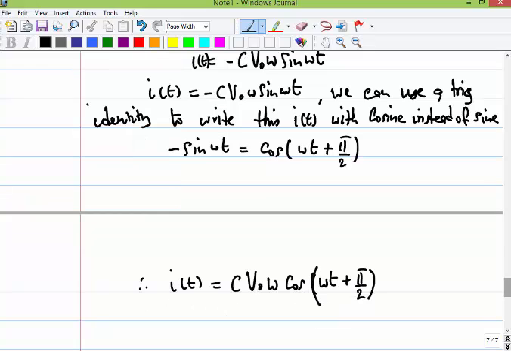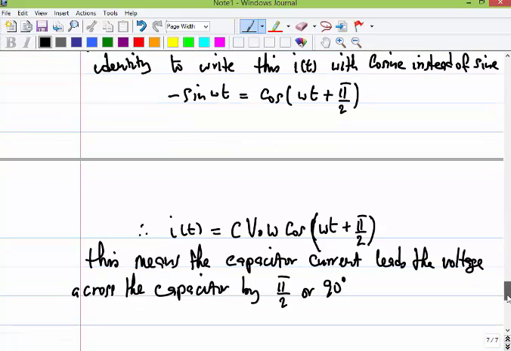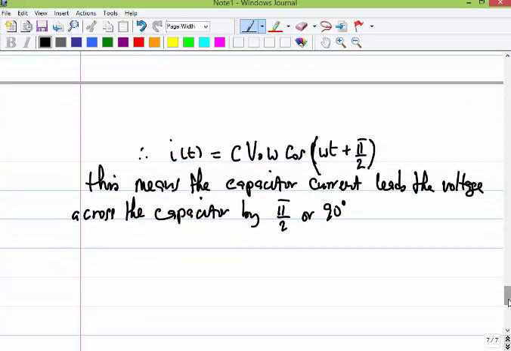What this can be interpreted to mean is that the current through the capacitor leads the voltage across the capacitor by a phase difference of 90 degrees, or pi over 2. What I've shown you here is that we know the voltage across the capacitor is the same as the EMF, so that will just be V naught cosine omega t. But the current through the capacitor is given by this quantity. So let's write it down.